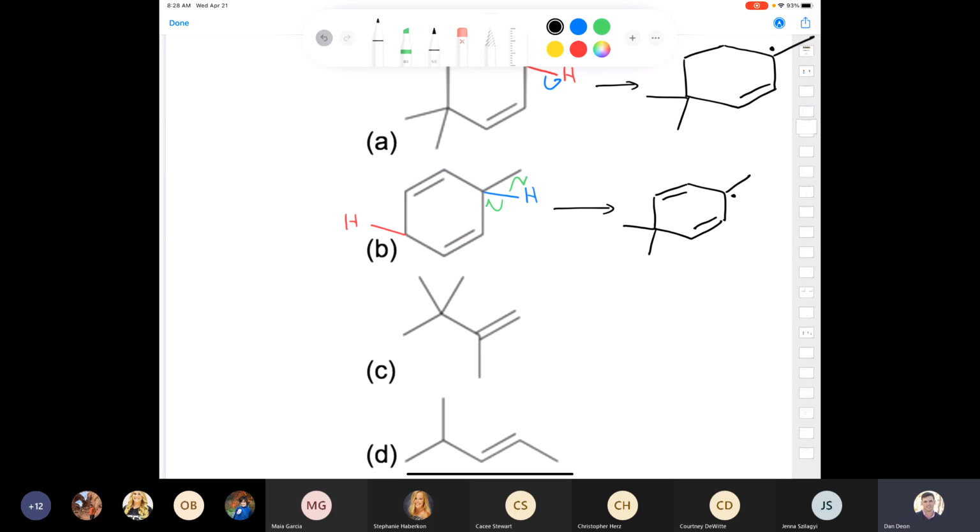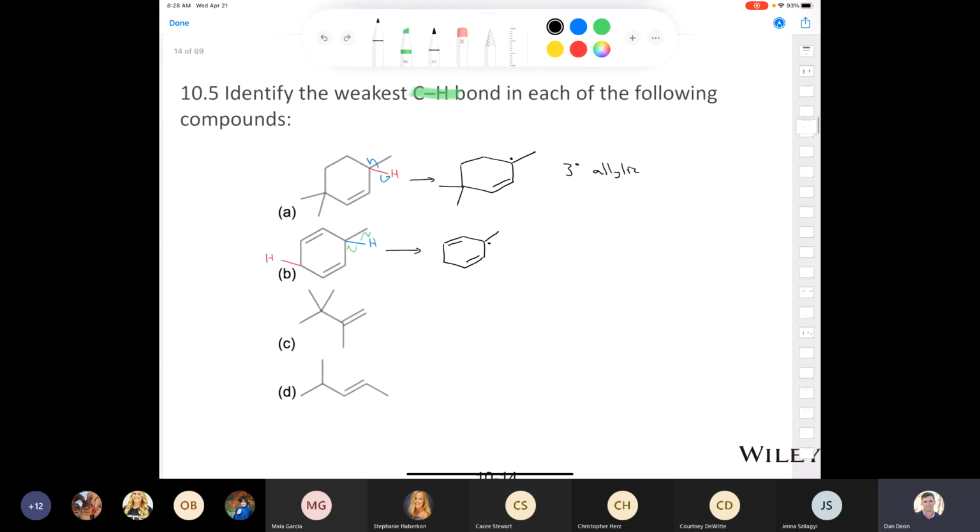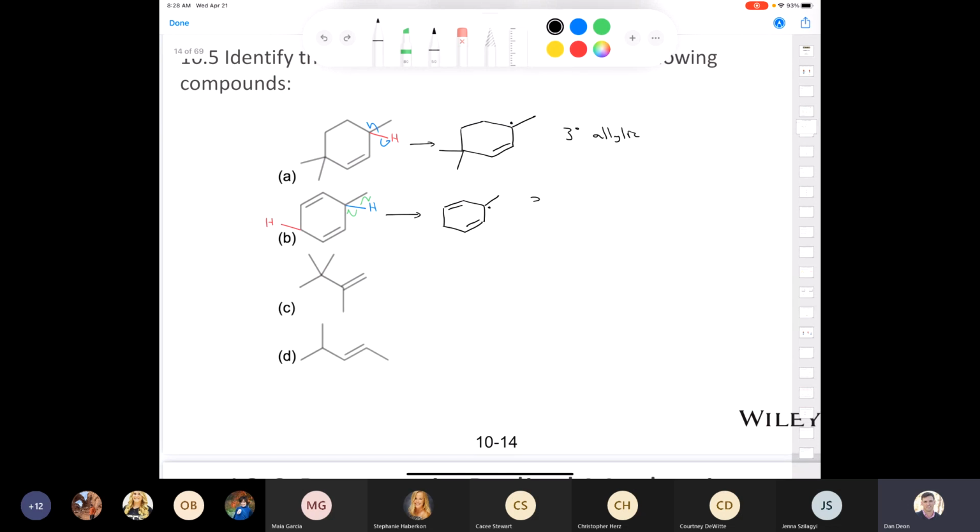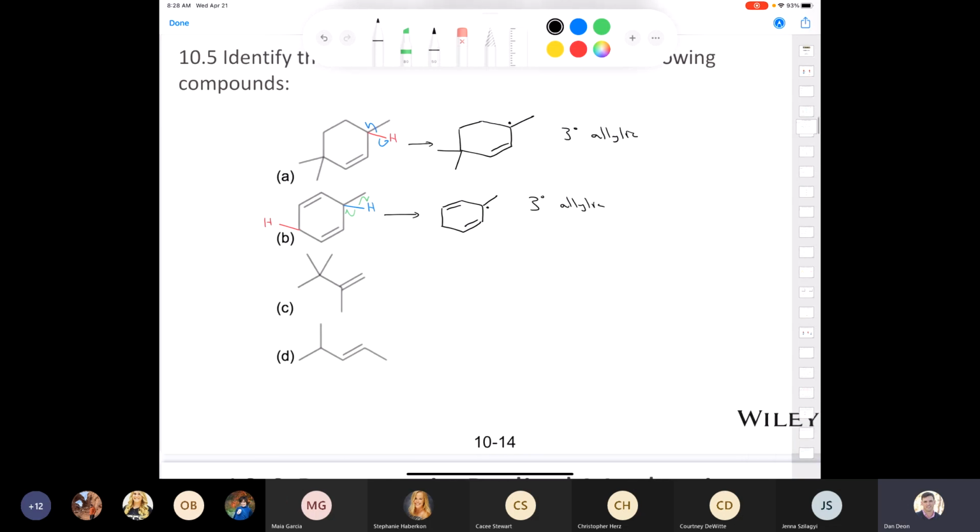Anyhow, what you end up with is something that is tertiary allylic, and you have two possible resonance contributors that you could draw here. Actually, there's more than that, isn't there? But anyhow, what we would get from breaking the one in red, you'd end up with this. I'll just pencil it in here quickly. But this would be secondary allylic. They're both allylic, but tertiary is going to be more stable than secondary.